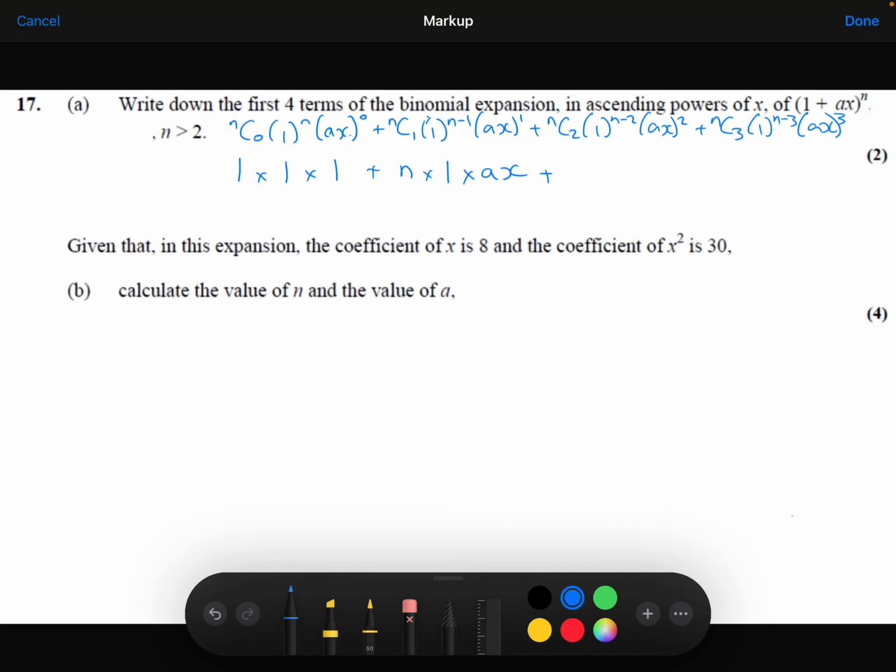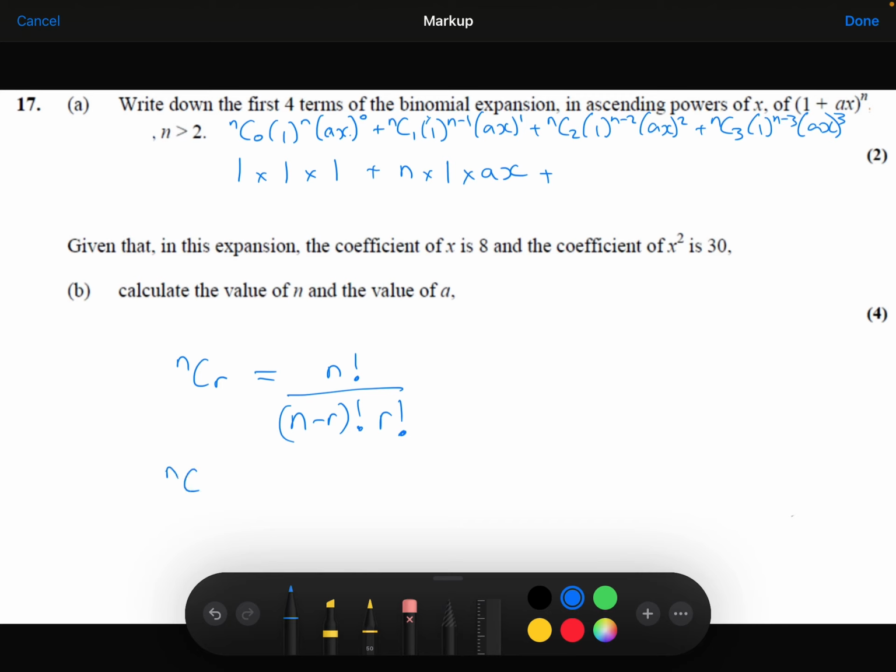nC2, sometimes I forget what that is, so I'm just going to use the nCr formula to help me out here. I know the nCr formula is n factorial over (n minus r) factorial times r factorial.